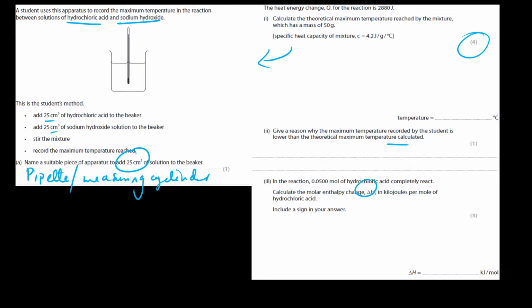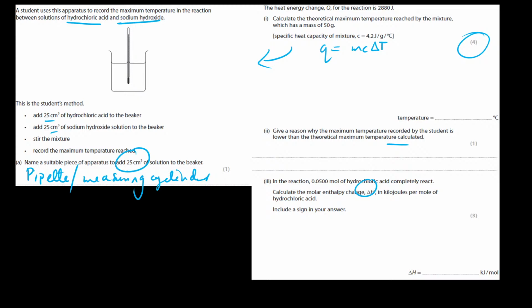I'll write down the formula as well. Q equals MC delta T. Anyone?